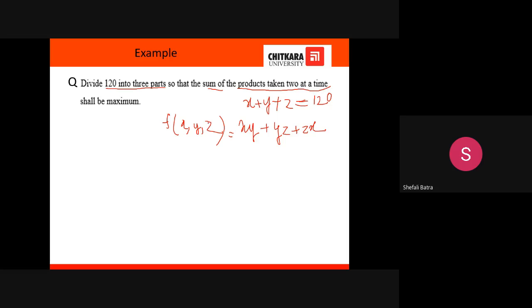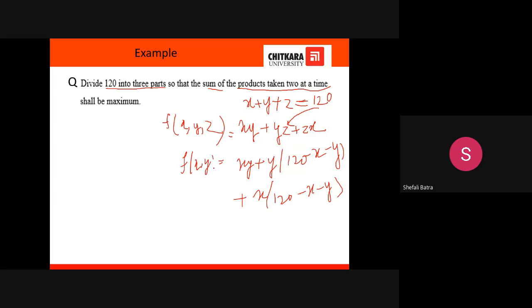So you can get the value of z from here and substitute it over here. So function would be x into y plus y into 120 minus x minus y plus x into 120 minus x minus y. So this becomes your question now. This is your f of x comma y.